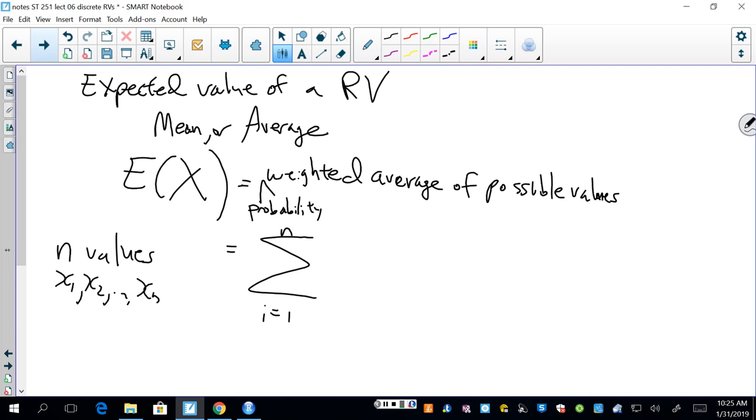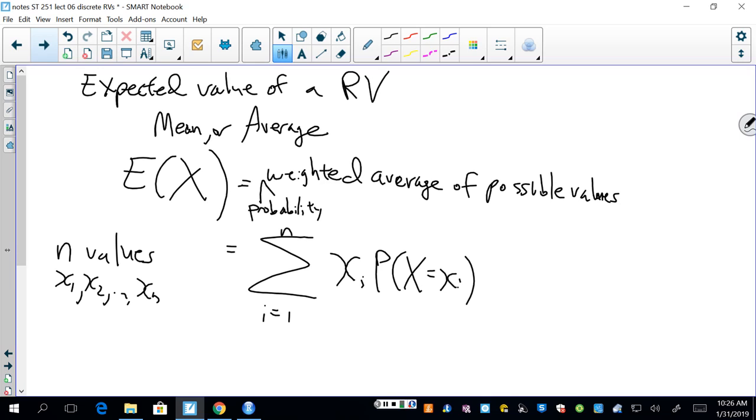Well, we take those possible values, these xi's, times the probabilities that we get those values. So we add up the xi values times their relative probabilities, and that gives us a weighted average of the different ones. So more weight on the values that are more likely, less weight on the ones that are rare. And that describes a mean average of those values, not equally weighted because the probabilities are different.